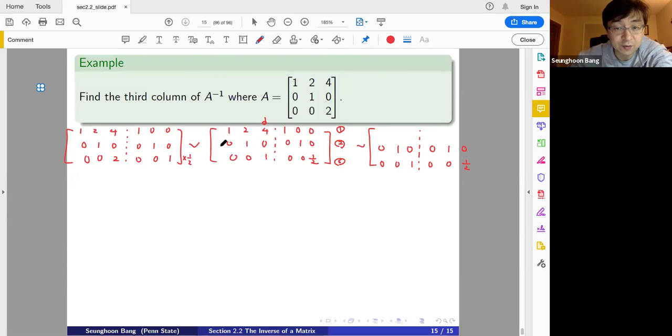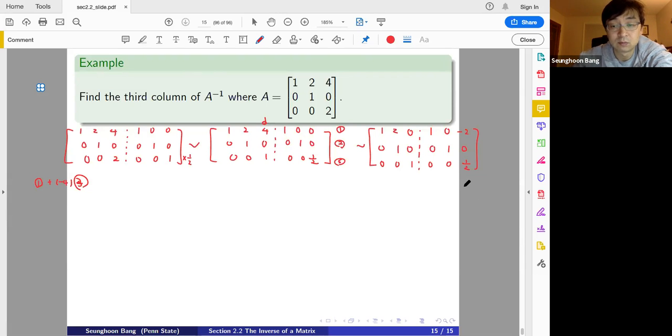To eliminate this 4, the first row plus minus 4 times the third row. Sorry, the third row. So what happens? We keep 1, 2. The 4 minus 4 is 0. The 1 minus 0 is 1. You can keep 0. Here, the minus 4 times 1 half is negative 2. So we have negative 2.